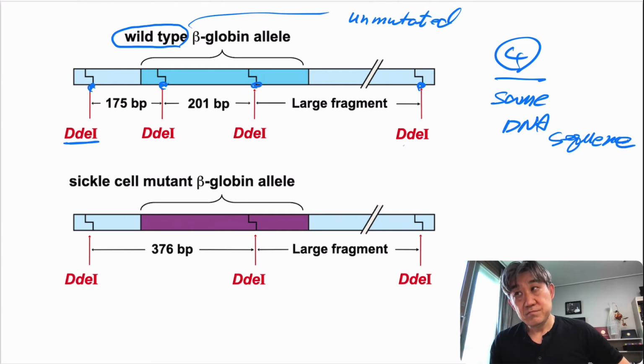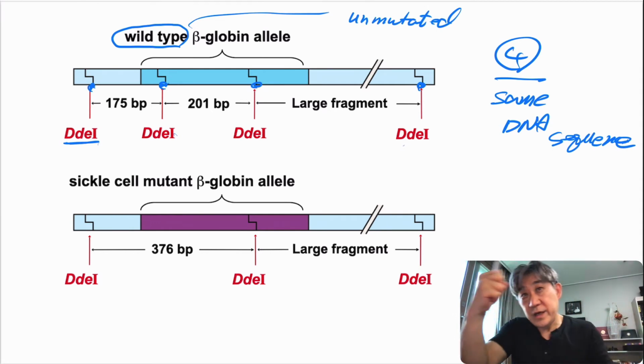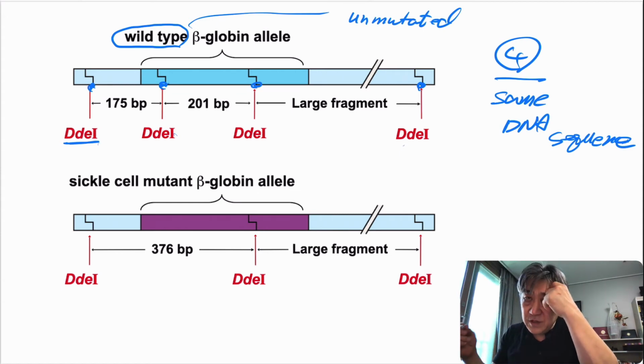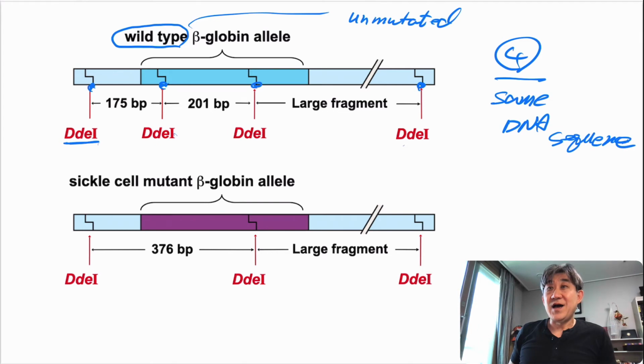All of which can be recognized by this same type of particular restriction enzyme, DdeI. Okay, then you isolate your DNA from your cell, and expose it to this particular restriction enzyme. By the way, all these restriction enzymes were purified from bacteria.